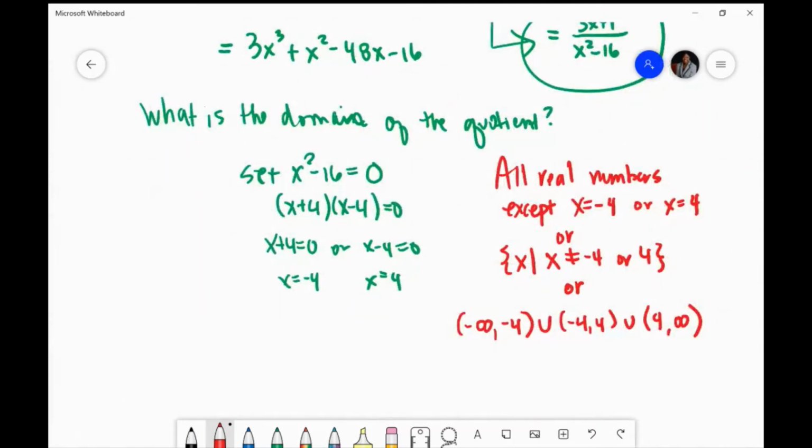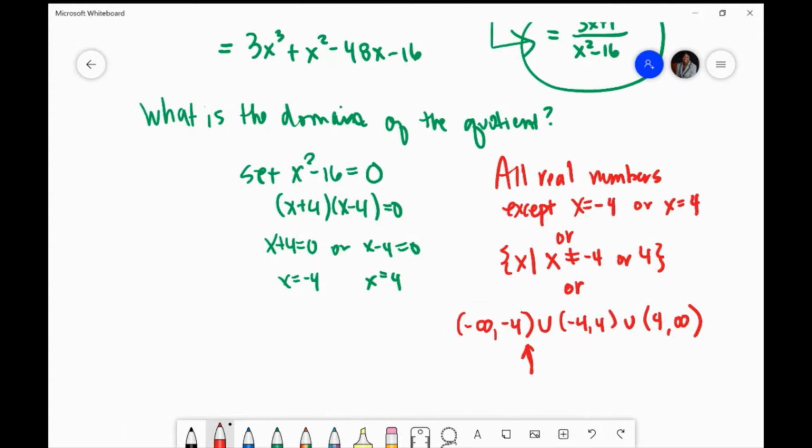Why did we put a parenthesis here and not a bracket? Because it's not included. Why isn't it included? In layman's terms, why don't we want it to be included? Because it equals 0.